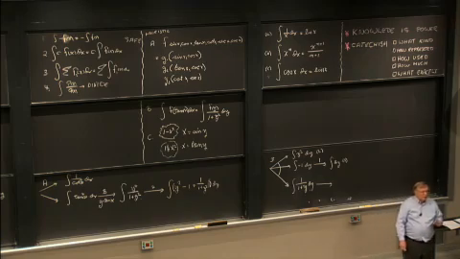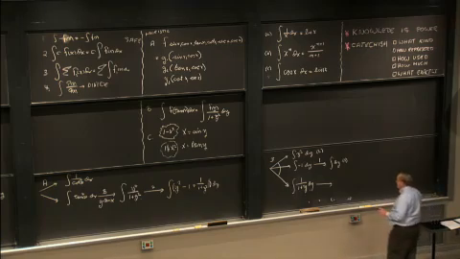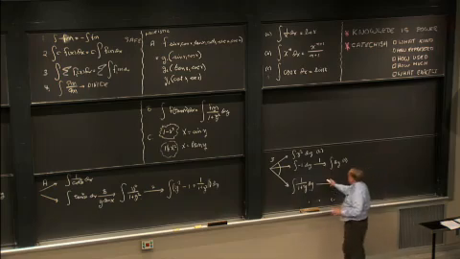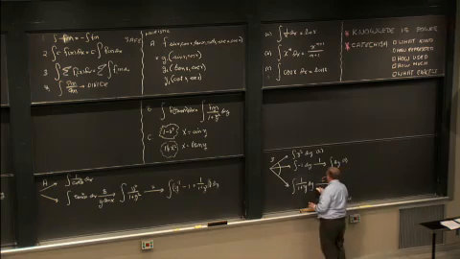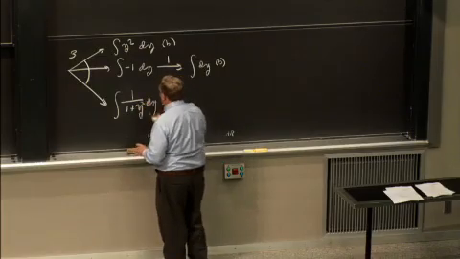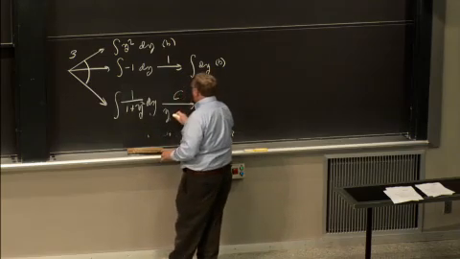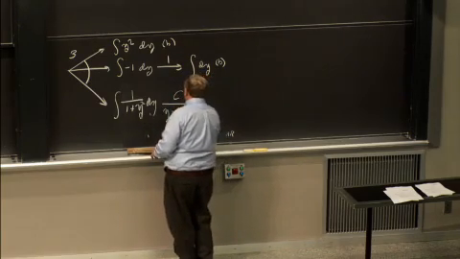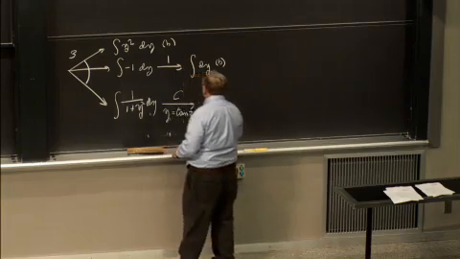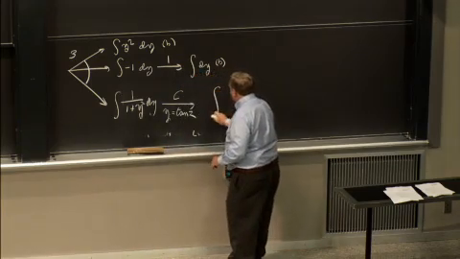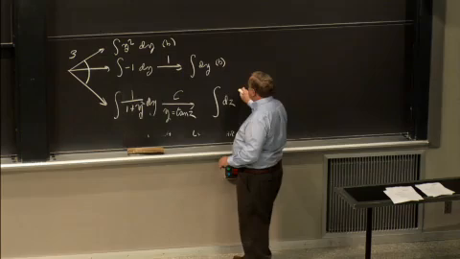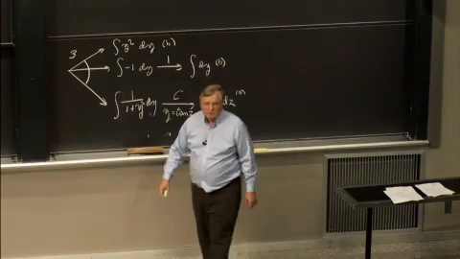If we have 1 plus y squared, then with the transformation C, y equals tangent of z, then we get the integral of dz, and that's in the table, and we're done.